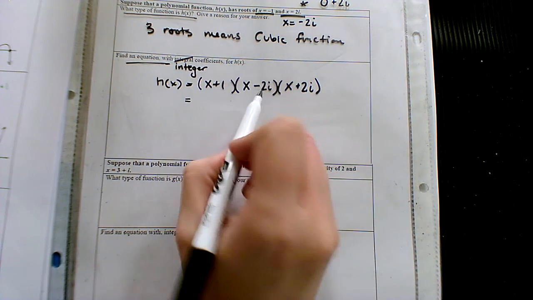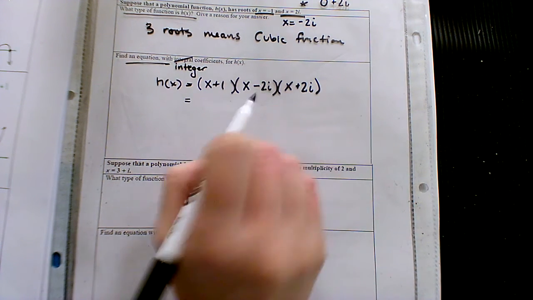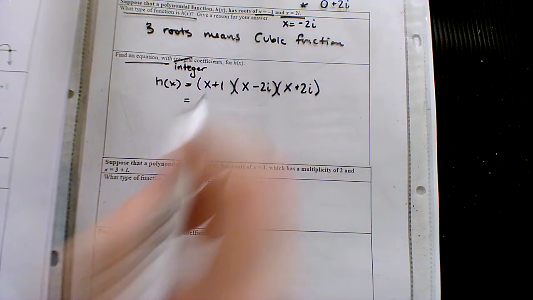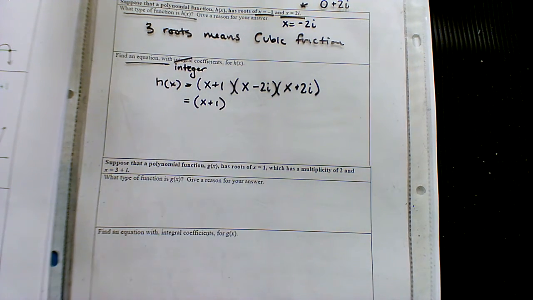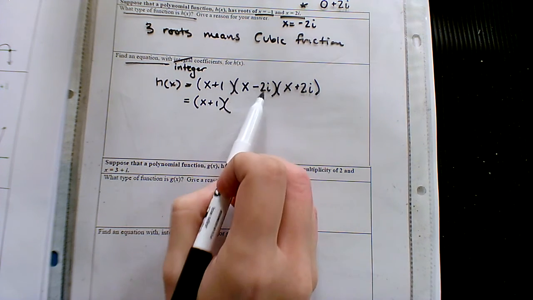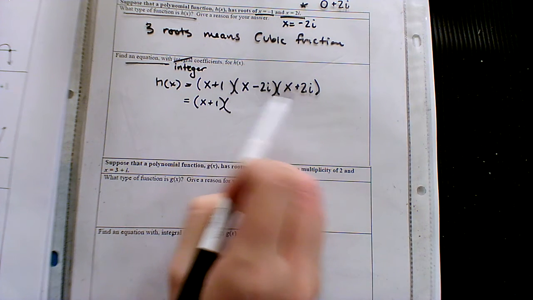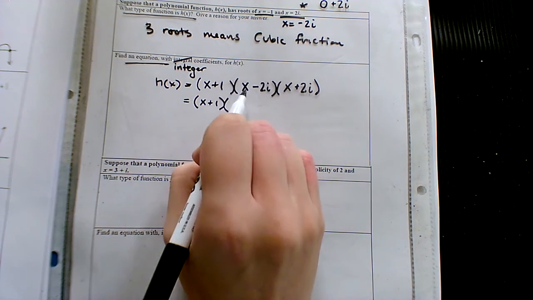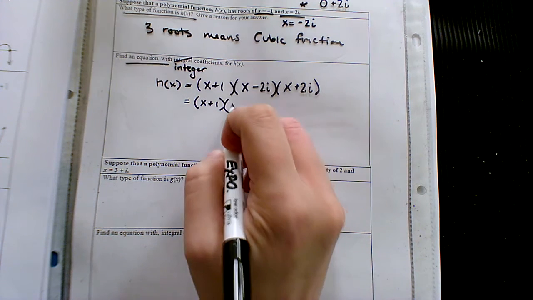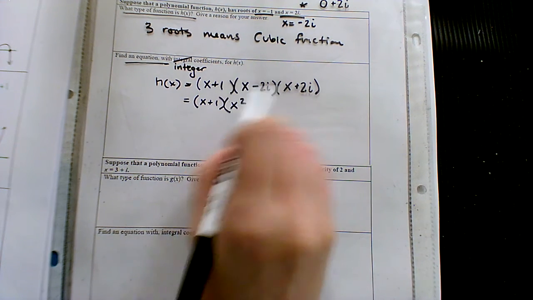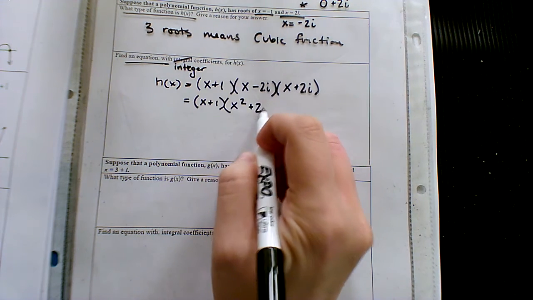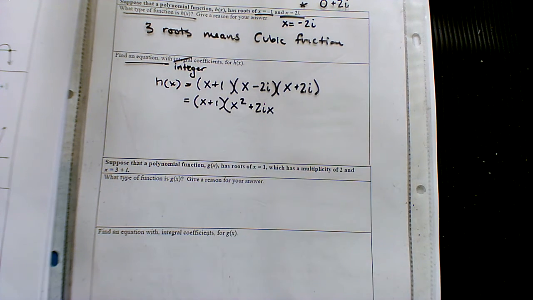What I recommend doing is multiplying the imaginary factors together because something interesting is going to happen, and we'll see what that is in a second. So if we do the FOIL process on the two imaginary roots, we'll have x times x, which would be x squared, and then x times 2i, so you can write that as 2ix.